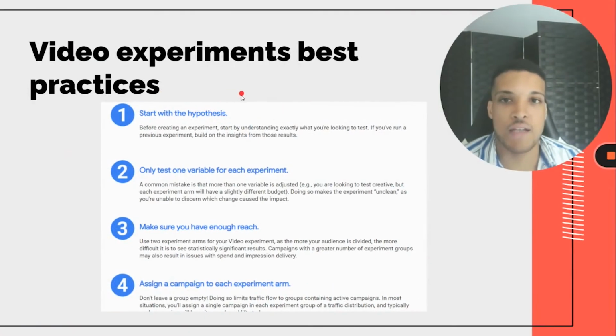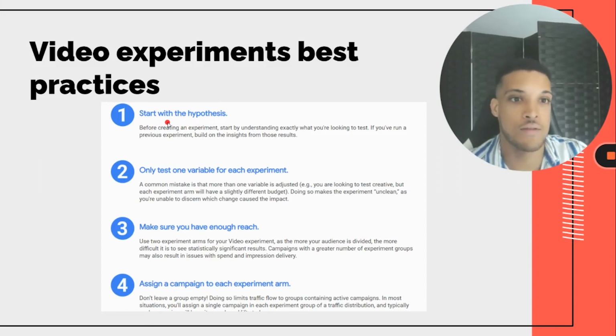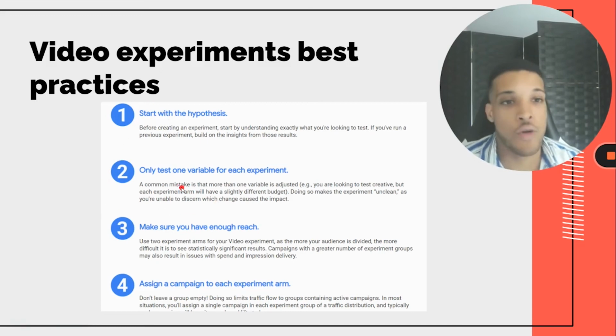And here are some best practices with experiments as well. You want to start with a hypothesis, like I hypothesize that people that are in market for football cleats are better to target than people that have the custom intent of being a football coach or something like that. You only want to test one variable at a time, because multiple variables might skew your results.